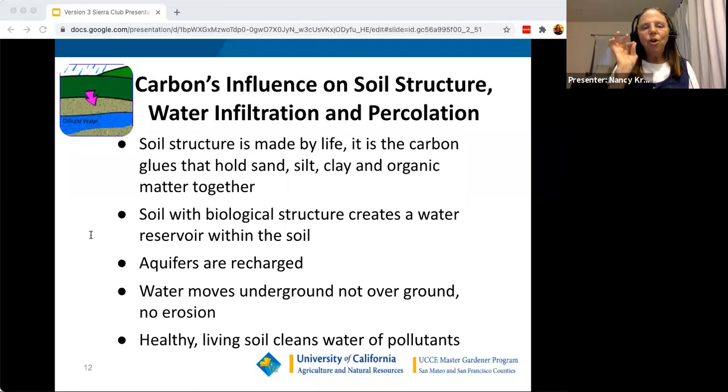When aquifers are recharged, wells remain active, and there is no subsidence or lowering of the land due to depleted aquifers. In a well-structured soil, water moves through the ground rather than over it to enter creeks, which prevents loss of sediment. In this scenario, we don't lose our topsoils to erosion, and our creeks, streams, and rivers stay clear.